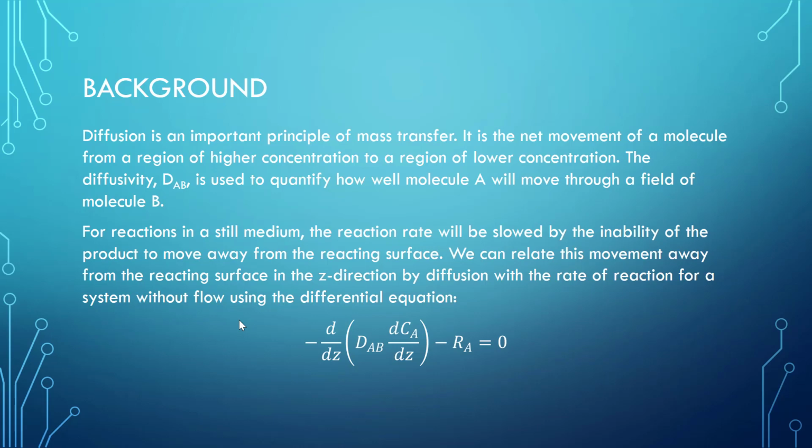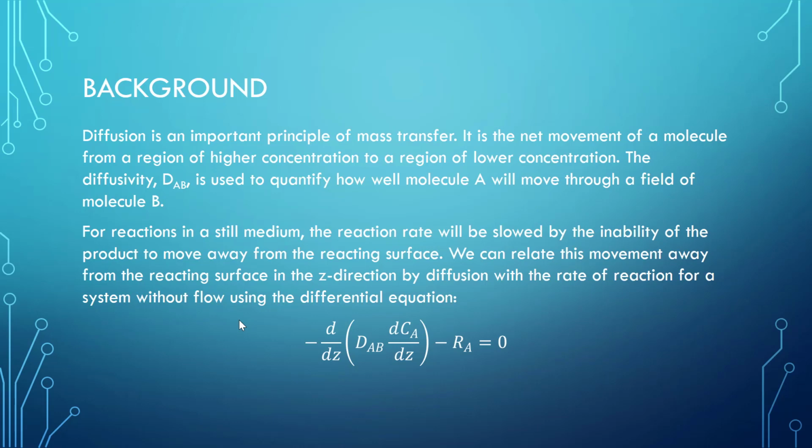In a still medium, the reaction rate is going to be slowed down by the inability of the product to move away from the reacting surface. So we have to wait for the product molecule to get out of the way so that a reactant can come to the surface and react. There's a block there. And so this diffusion is going to be very important to the rate of reaction.